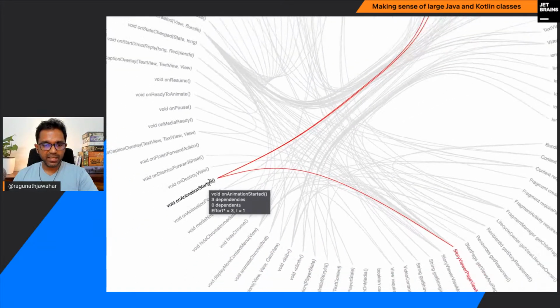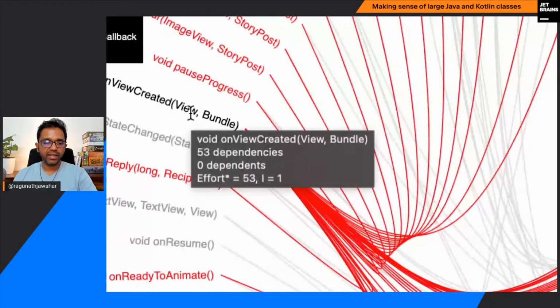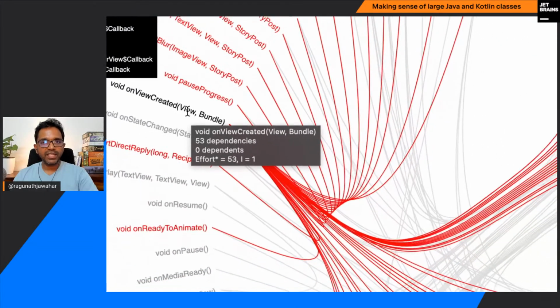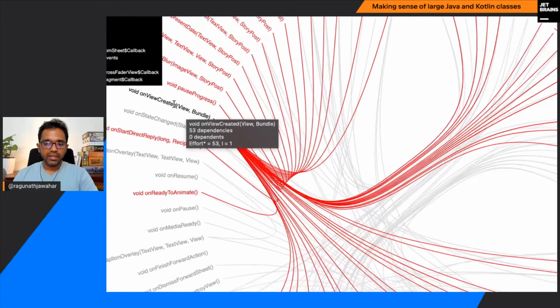So that is one thing. The density of the class, again, say for example, look at on view created. This depends on too many things. There are like 53 dependencies for this one. So it calls so many functions and accesses so many fields. In terms of impact area, if you change any one of those functions, this is one function that could get heavily affected. The more dependencies that you have, the more chances of it breaking, right?